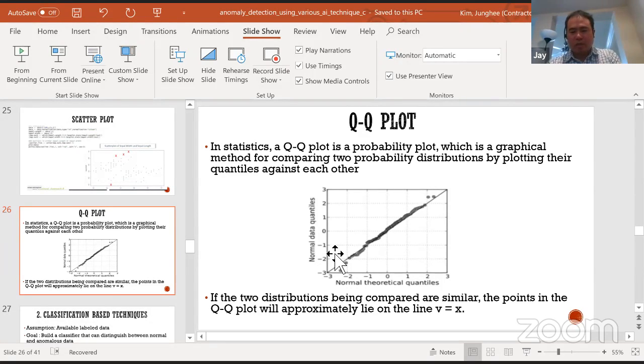So we plot that on the x-axis and y-axis, and if some point is out of the main line, that means it can be an outlier as well. But again, an anomaly is a little bit different, so we have to be careful. If we think there's an anomaly, we have to go further.